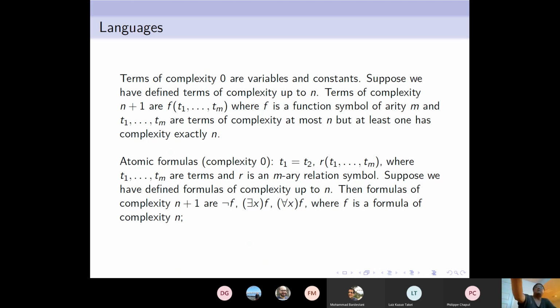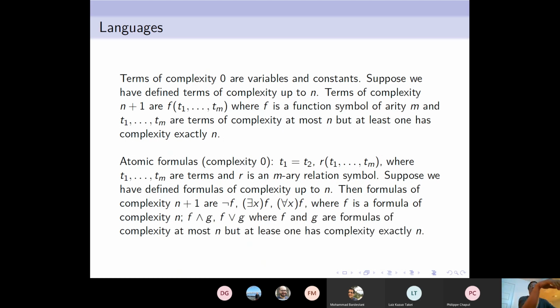So if we have complexity n, then formulas of complexity n+1 are the negation of f, and there exists or for all, and or all. Very similar.